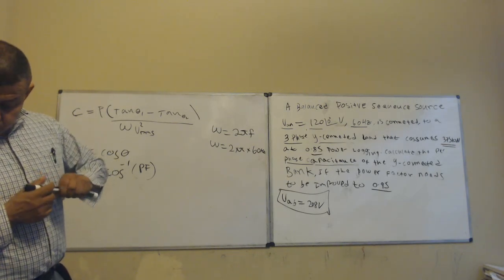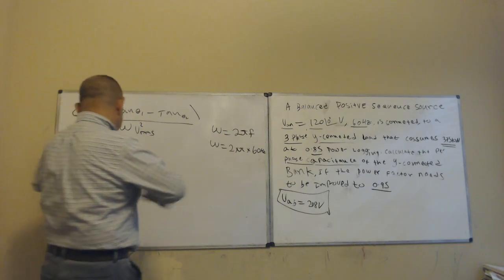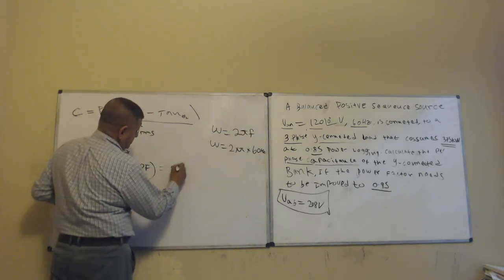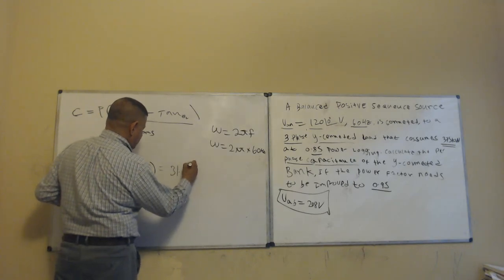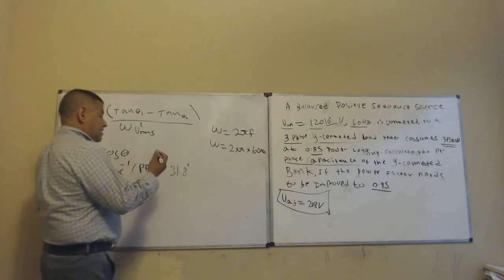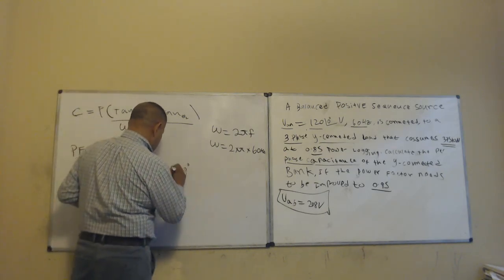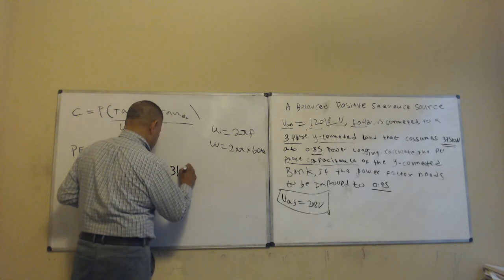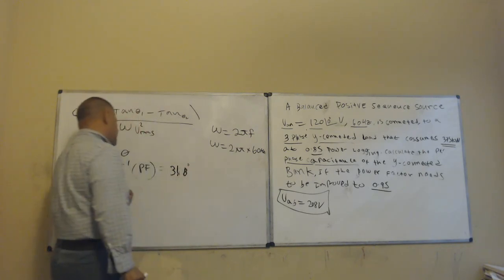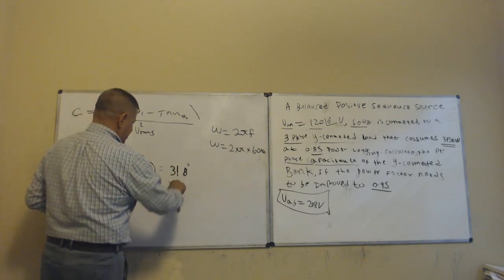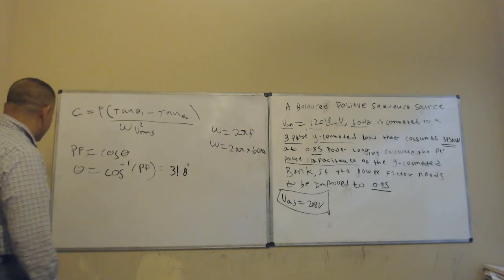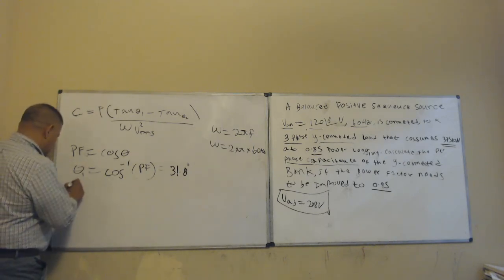So 31.8 degrees, right? Okay, 31.8 degrees. Now, notice that we have a 31.8. That's theta 1.